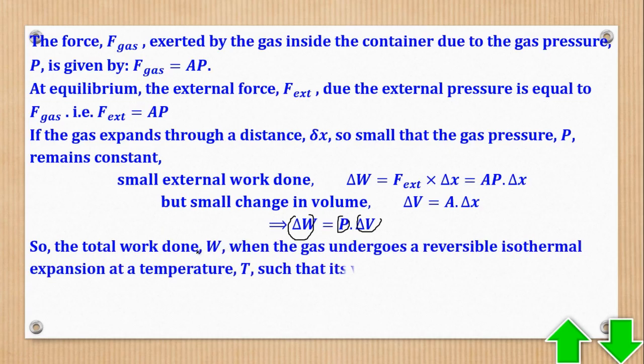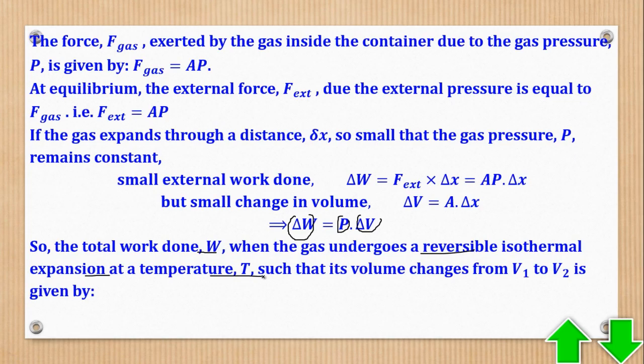Therefore, total work done W when the gas undergoes a reversible isothermal expansion at a temperature T such that its volume changes from V1 to V2 is given by that.